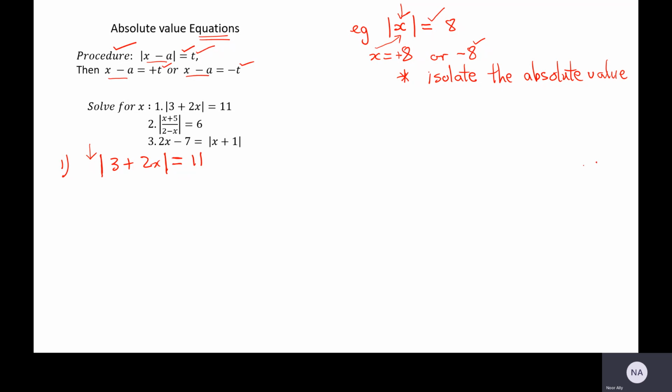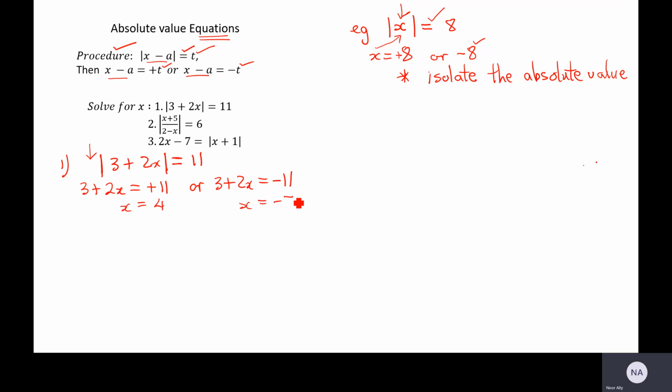And because this is an equal to sign, I drop the absolute value as equal to plus the right-hand side, or drop the absolute value equal to minus the right-hand side. There you get your two possible answers. Transpose, work it out. Here I get x is equal to plus 4.